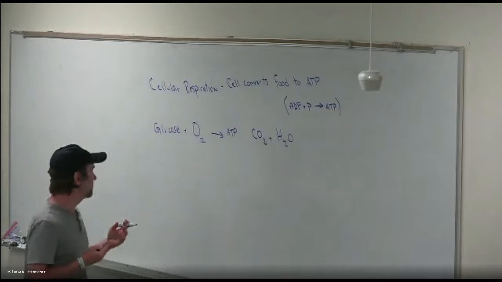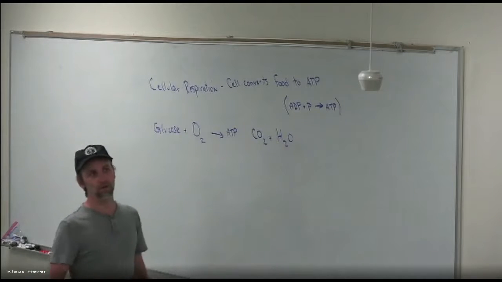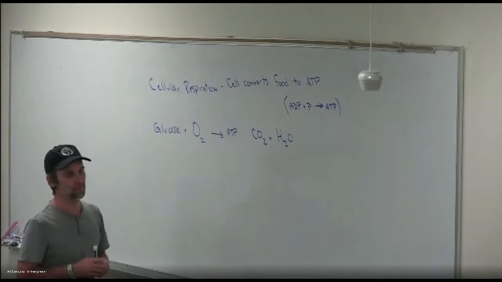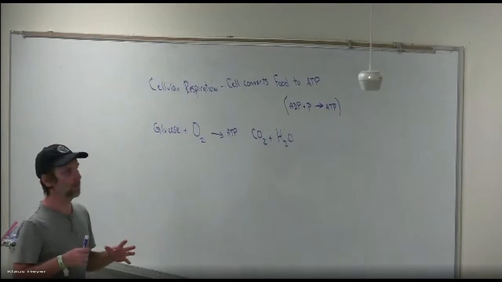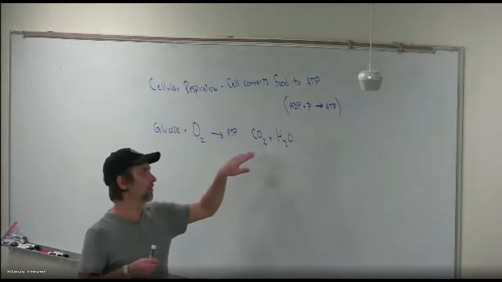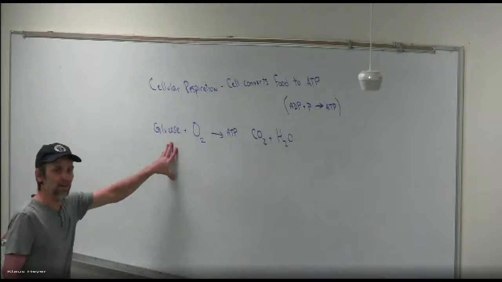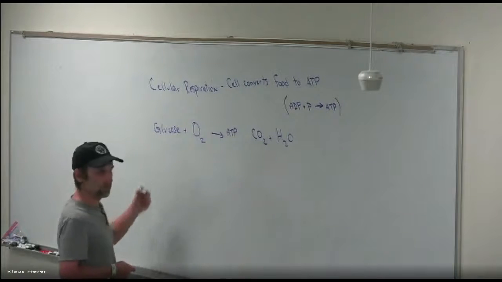Glucose, as an aside, you don't need to know many of these chemical formulas. Water is H2O, and CO2 is carbon dioxide. Glucose is C6H12O6.